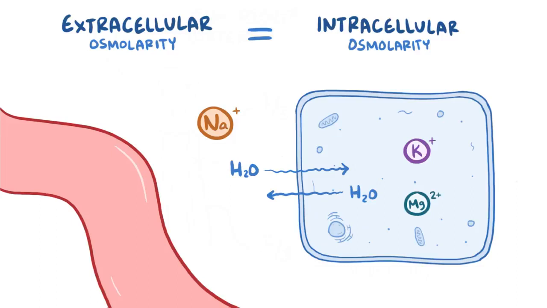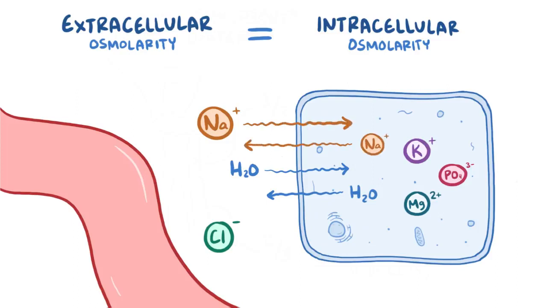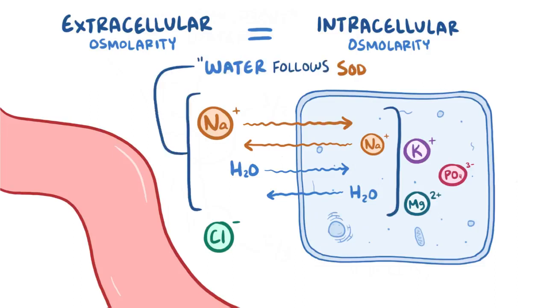The most common anion in the extracellular compartment is chloride, whereas in the intracellular compartment it's phosphate and negatively charged proteins. Of all of these, sodium is the ion that moves back and forth across cell membranes. And subtle changes in sodium concentration tilt the osmolarity balance in one direction or another, and that moves water as well. And this is why we say water follows sodium.